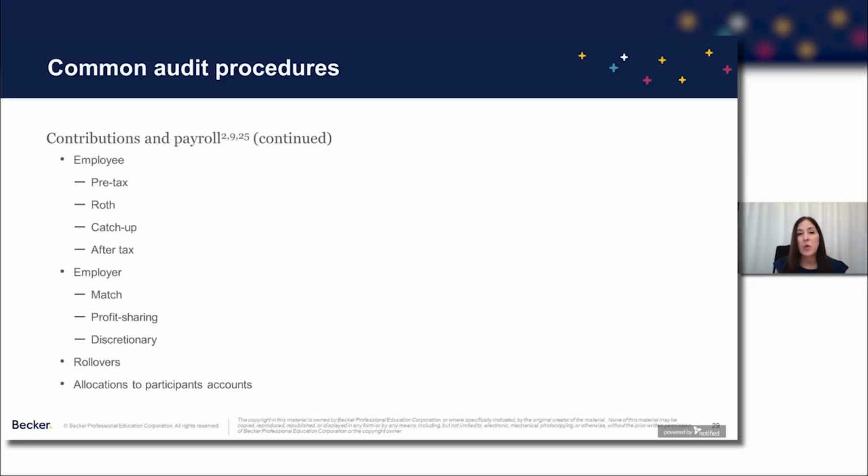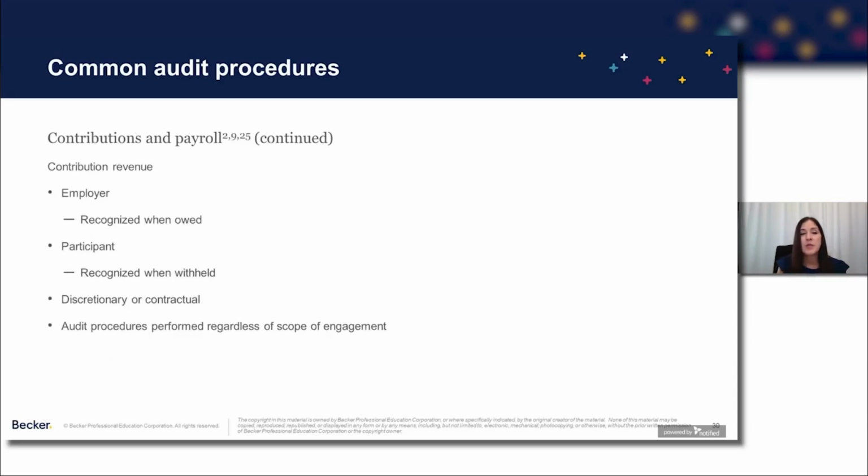We also have to test rollovers into the plan and any other allocations to participant accounts, because a lot of times the profit sharing and or discretionary employer contributions, the way that they're allocated to participant accounts may also be directly tied back to payroll. All of these relevant plan provisions will be defined in the plan document. So as part of our testing, we're testing all the different types of employee and employer contributions to make sure they were in accordance with the plan document and the participant's wishes.